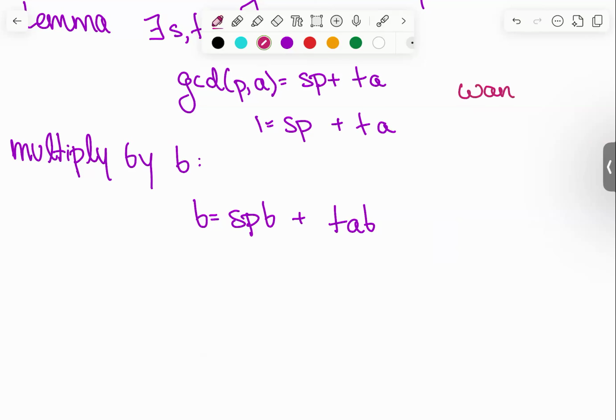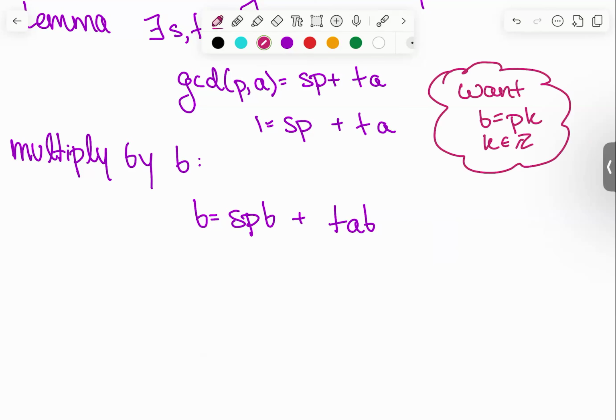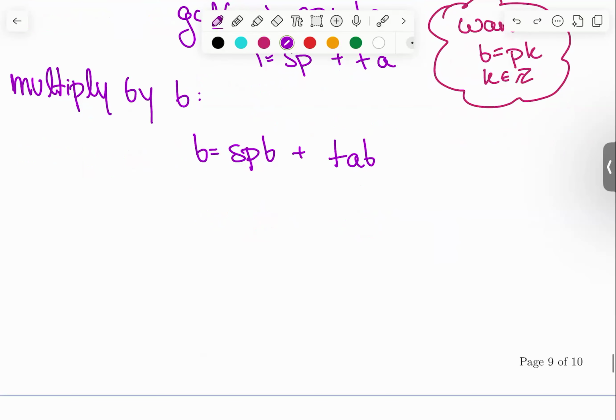So I want B equals P times, let's say K, for some K in the integers. Well, I have a P here. But this is divisible by P, so I also secretly have a P there. Okay, so let's do that.